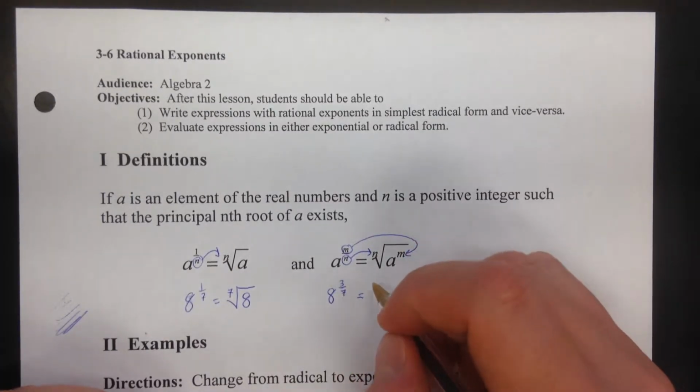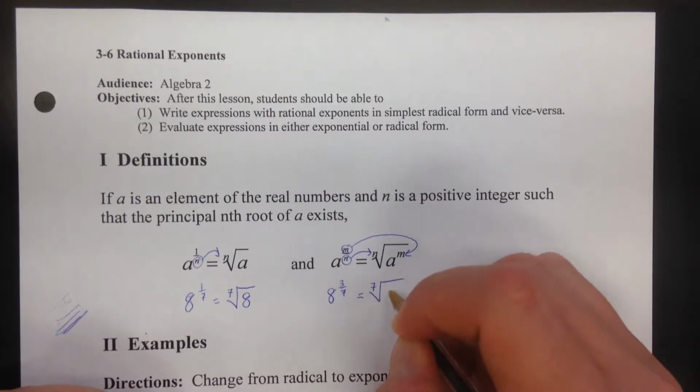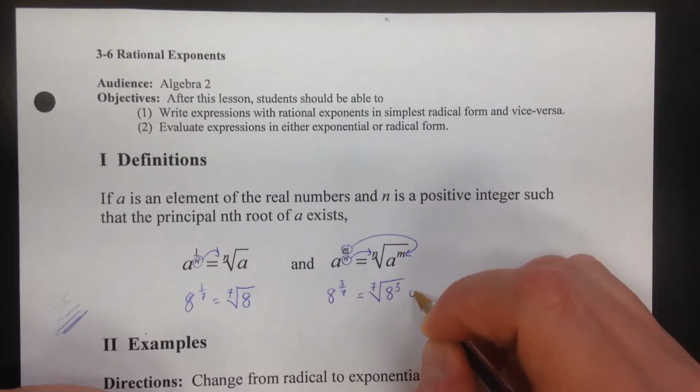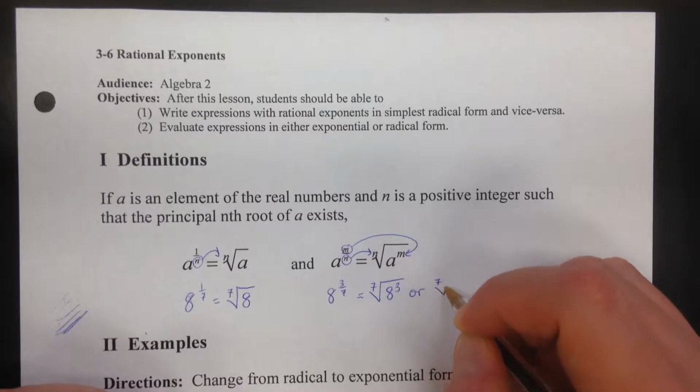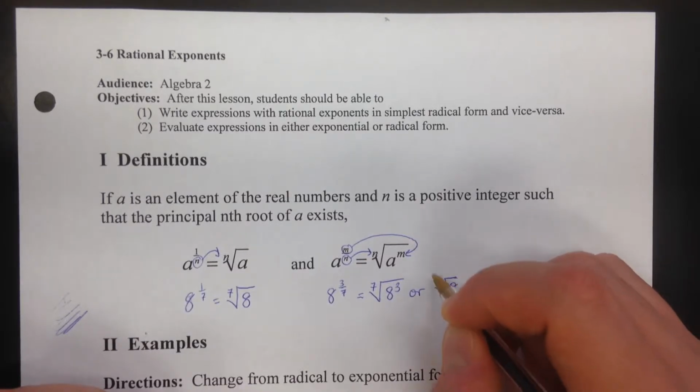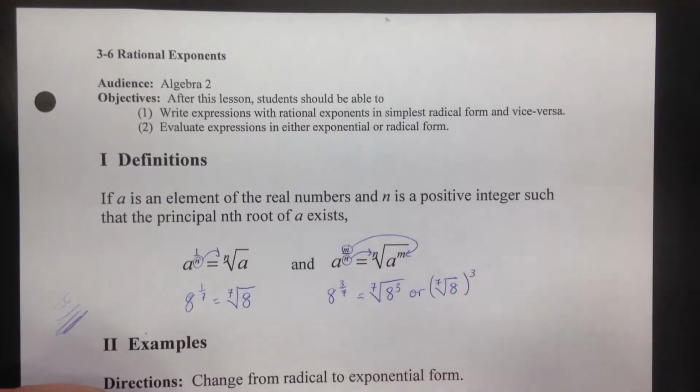So 8 to the 3/7 is the 7th root of 8 to the 3rd, or you could write this as the 7th root of 8, all raised to the 3rd power. If you have an exponent, you can put it outside parentheses for that. So the 7th root of 8 cubed, or the 7th root of 8, all of that raised to the 3rd power, it's the same thing.